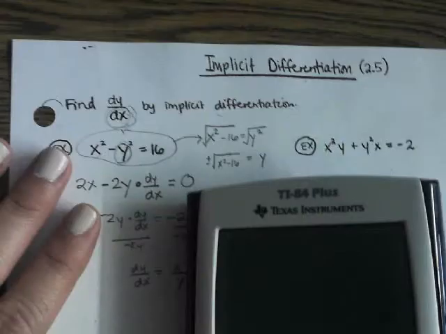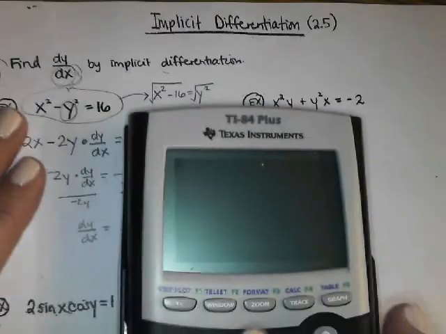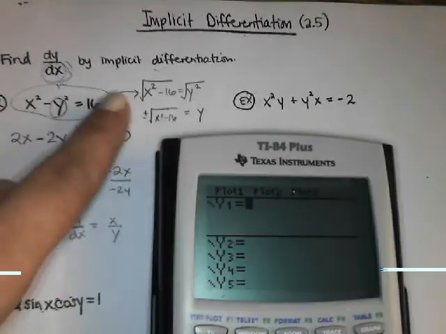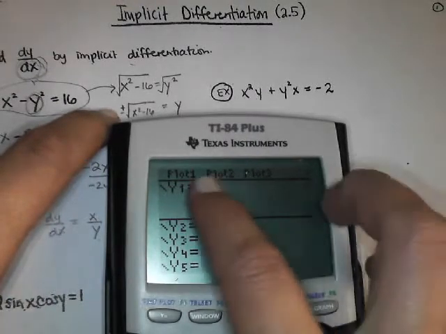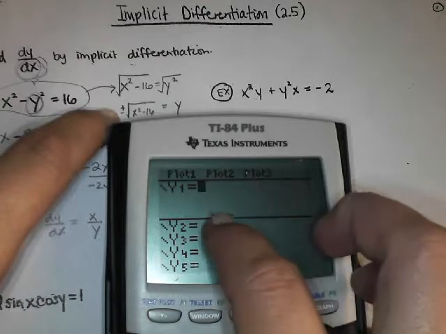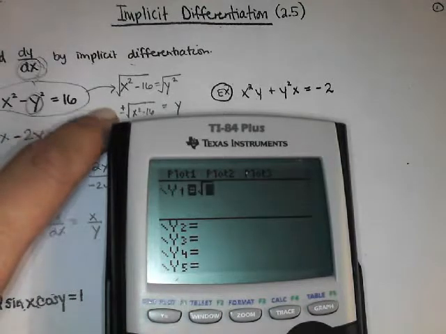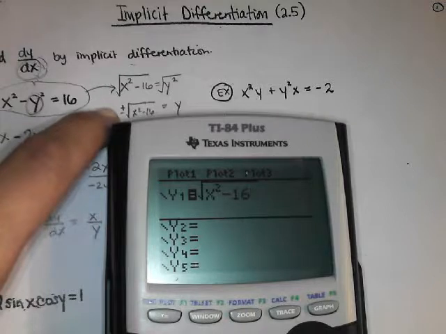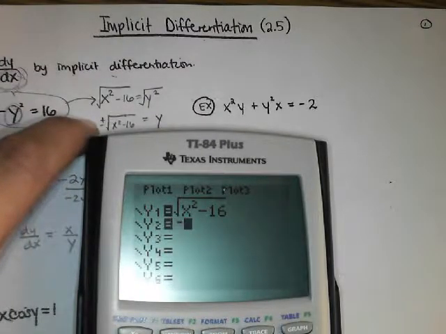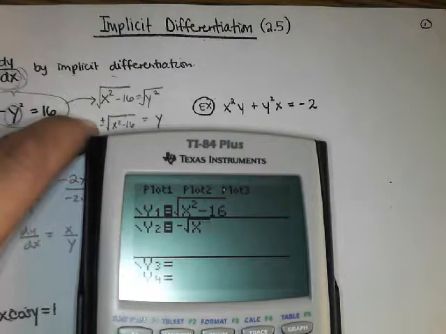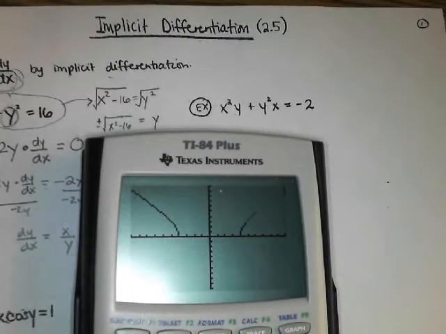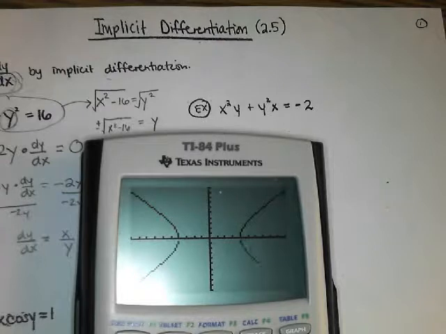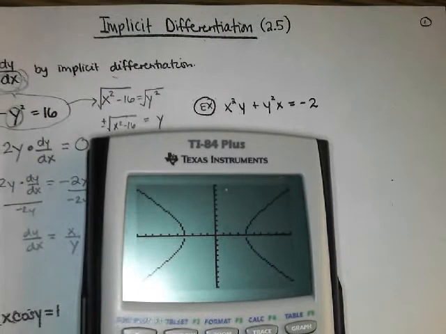So if I graph this relation, and again, it's not a function, my calculator only graphs functions in isolation, but when I do both of these, the positive square root of x squared minus 16, that in and of itself is a function, and then negative the square root of x squared minus 16 also is a function in isolation, but together you're going to see that they're not a function, and they fail the vertical line test. But nonetheless, it's still a relationship. It's still a legitimate graph.